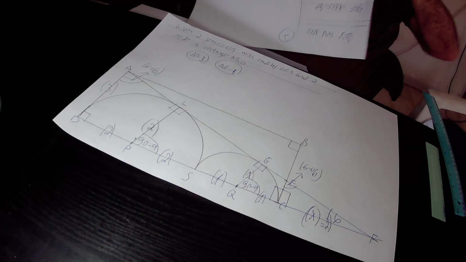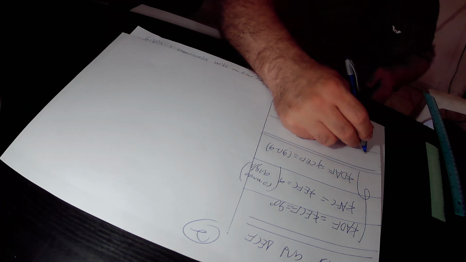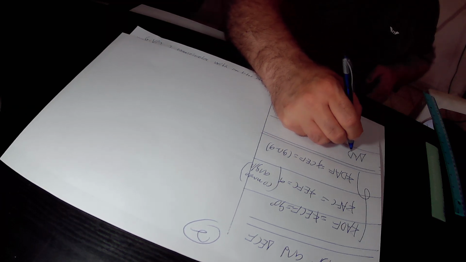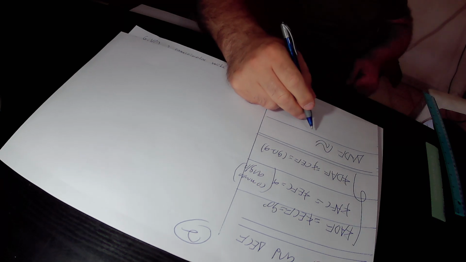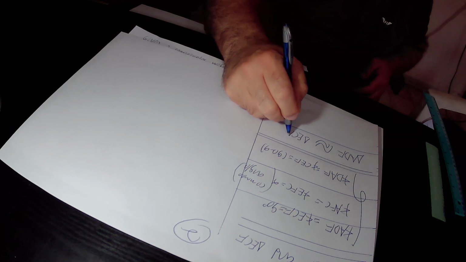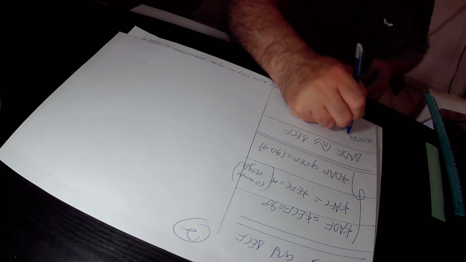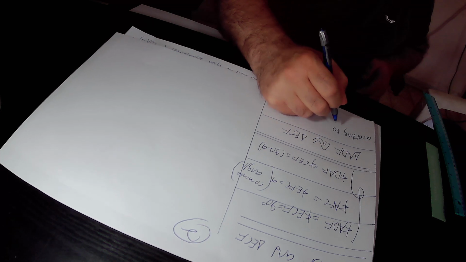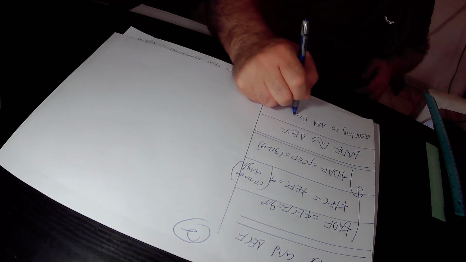So write it down: we found out that the big right triangle ADF is similar, this is the sign of similarity, to the small right triangle ECF according to the angle similarity rule.